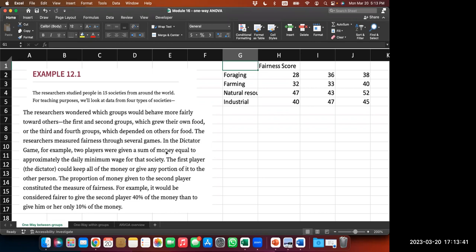The third and fourth groups depended on others for food, which is natural resources and industrial. In the dictator games, the 2 players were given a sum of money equal to approximately the daily minimum wage for that society. The first player was always the dictator, who could either keep all the money or give a portion to the other person. The proportion of money given to the second player constituted a measure of fairness. For example, it would be considered fairer to give 40% of the money rather than only 10%.